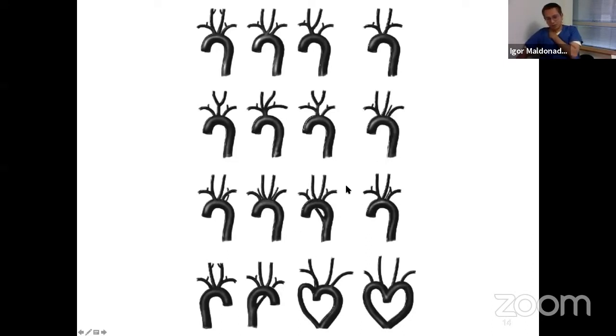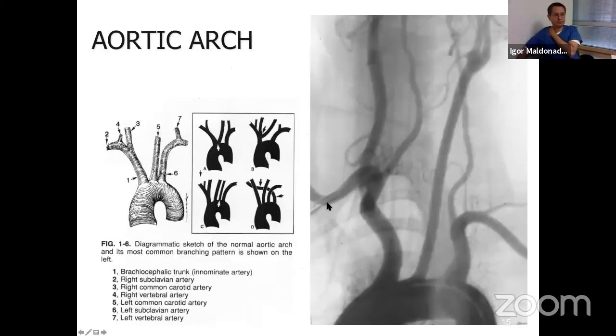And this is one more rare, but we can see it from time to time when we do a lot of angiography: the right subclavian artery is coming completely distal to all those large vessels. Here we see an image of angiography, and you see once again the most common presentations.